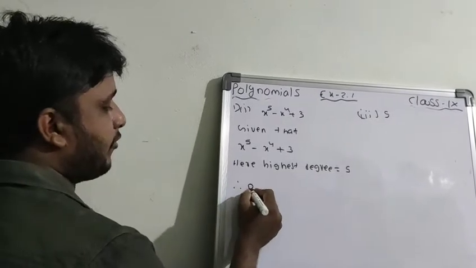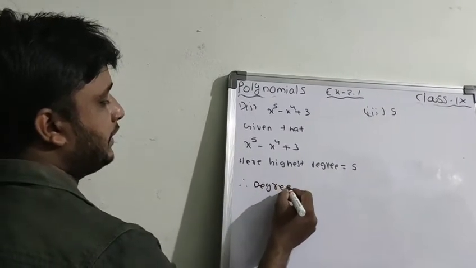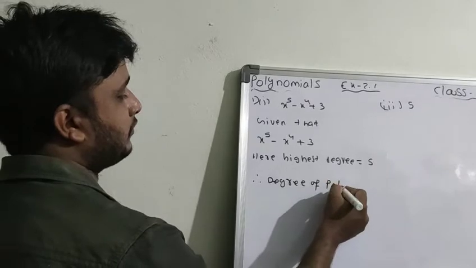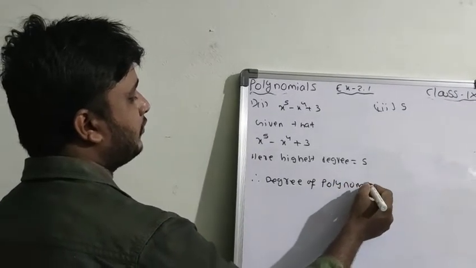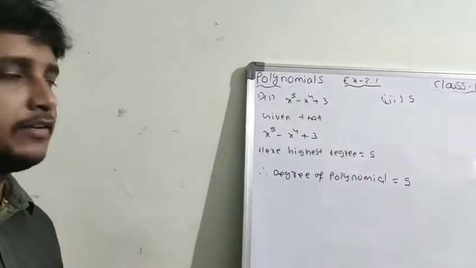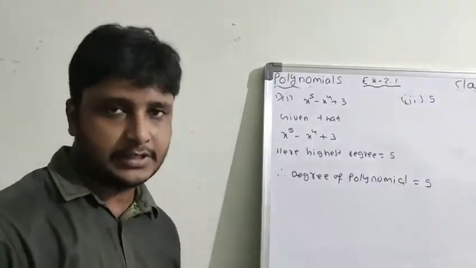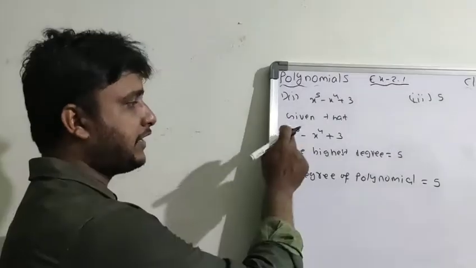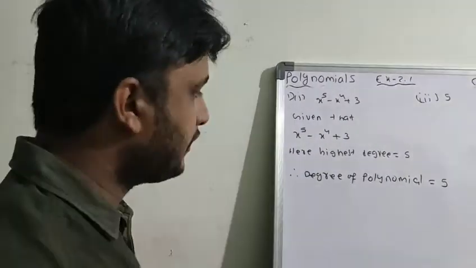Therefore the degree of the polynomial is 5. The highest degree of the expression is the degree. So 5 is the highest degree, and this is the degree of the given polynomial.